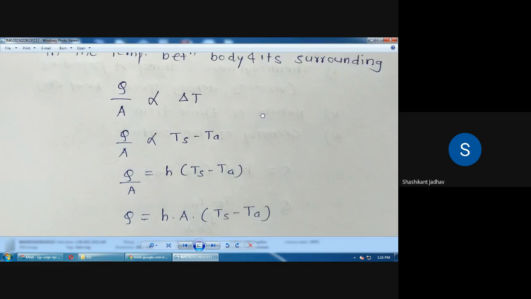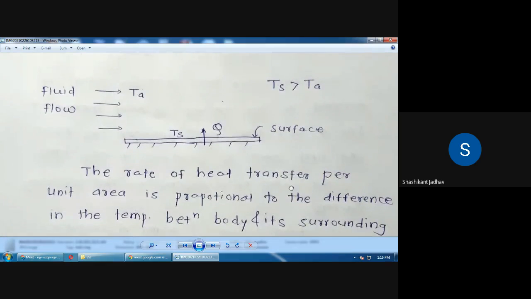Okay, first of all draw this diagram. This is a surface plate having temperature Ts. Heat transfer takes place only in the upward direction, because in the downward direction we have given the dotted line, which is nothing but insulation.